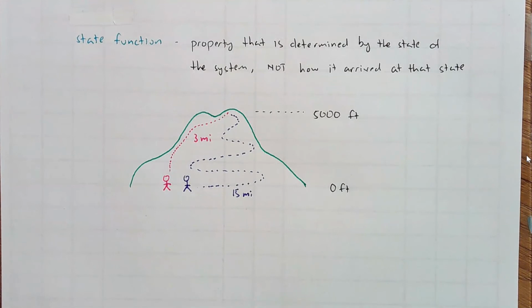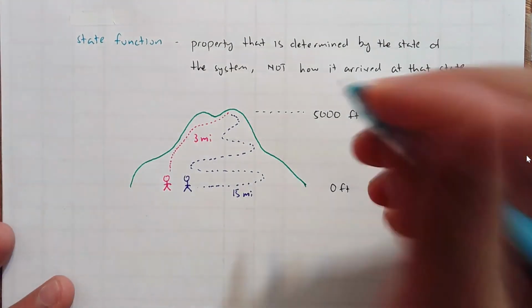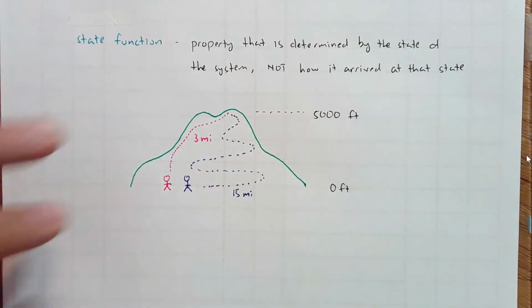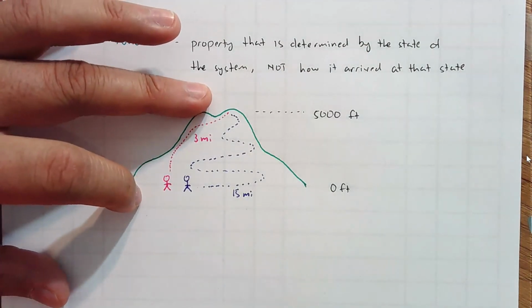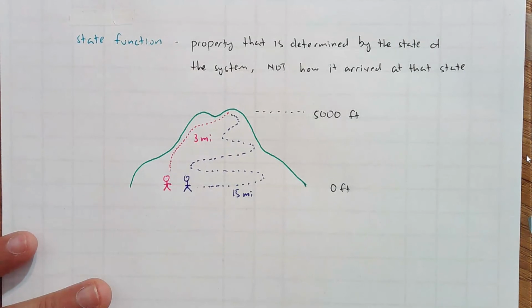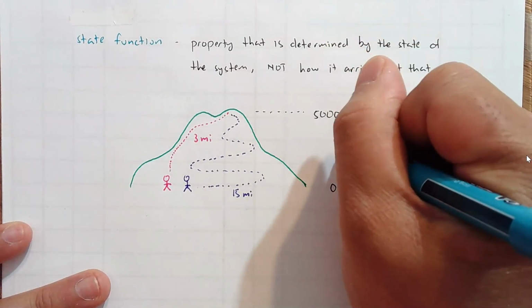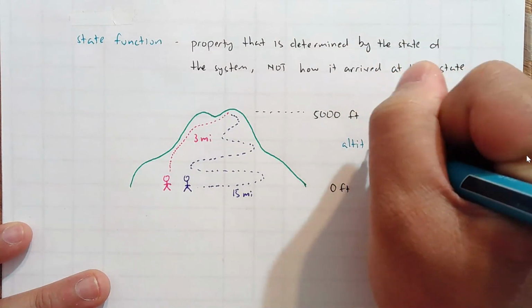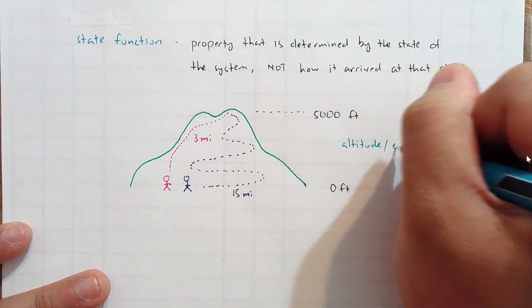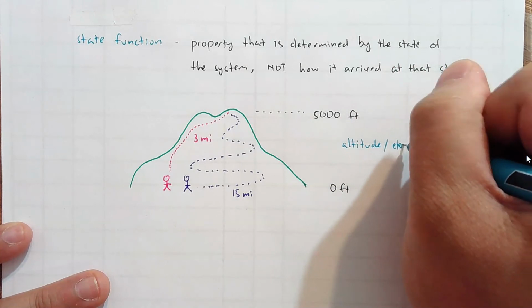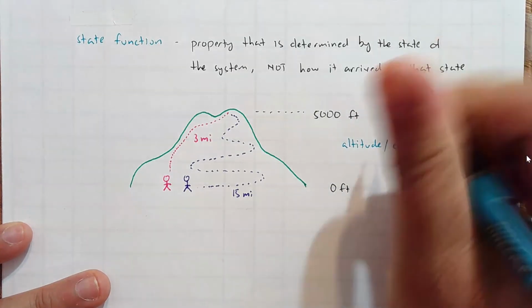The elevation is a state function because both of their delta elevation, or their altitude, is the same. So altitude, or you could even think of it as elevation, is a state function.